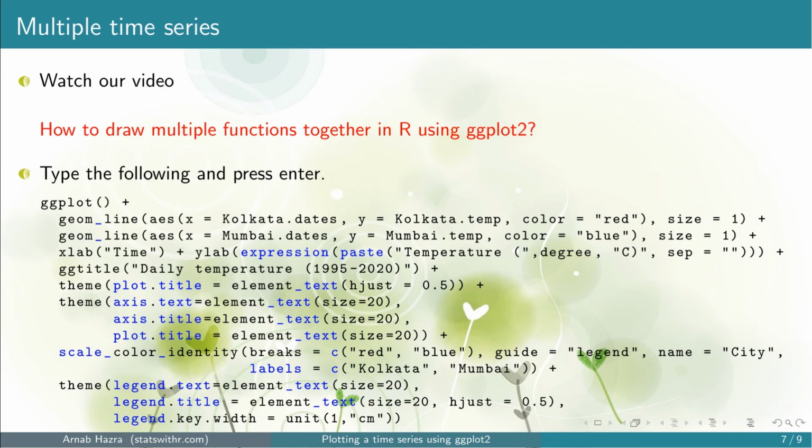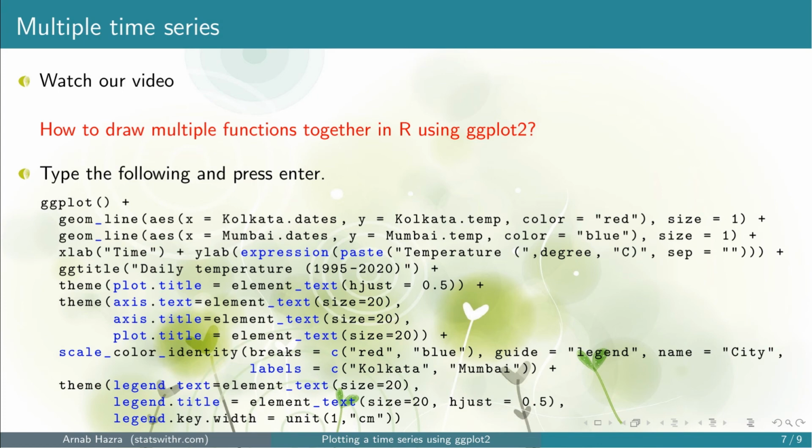The first three lines create a basic ggplot. Additional to the single time series, note that here we add the colors within aesthetics of the function geom_line. This helps to identify the two time series.